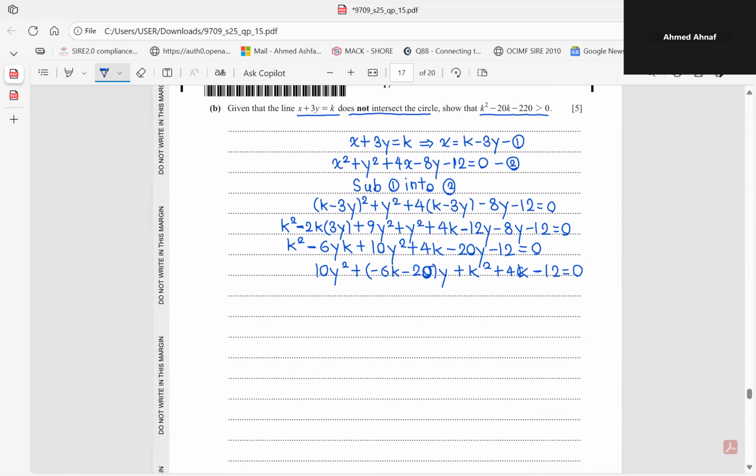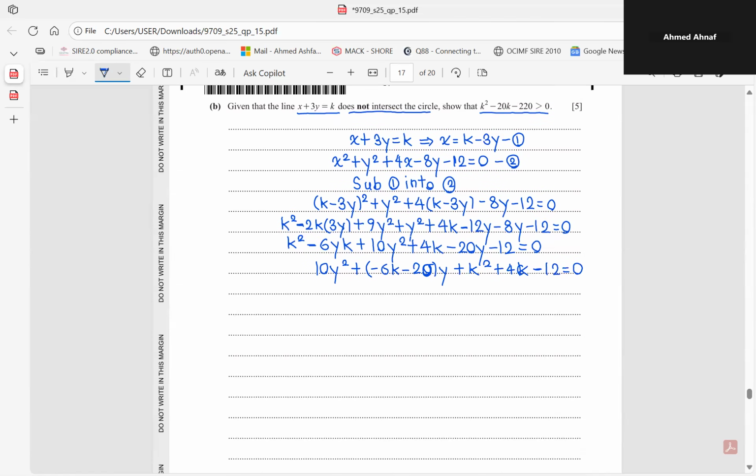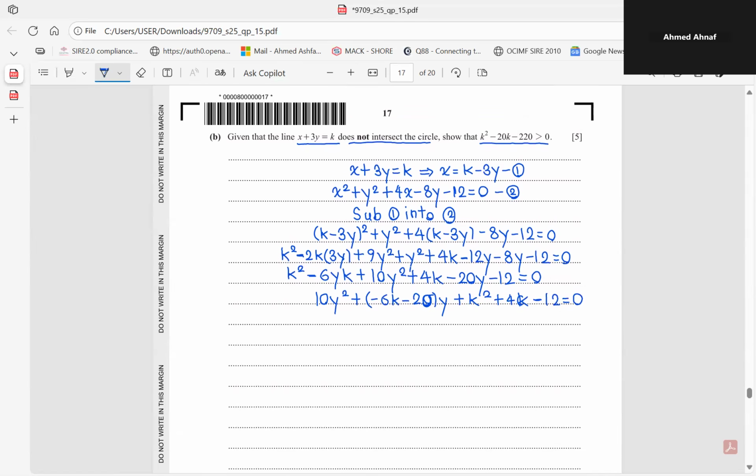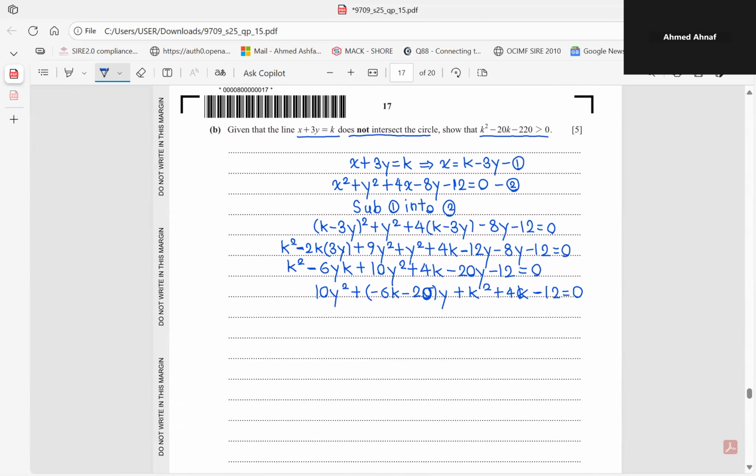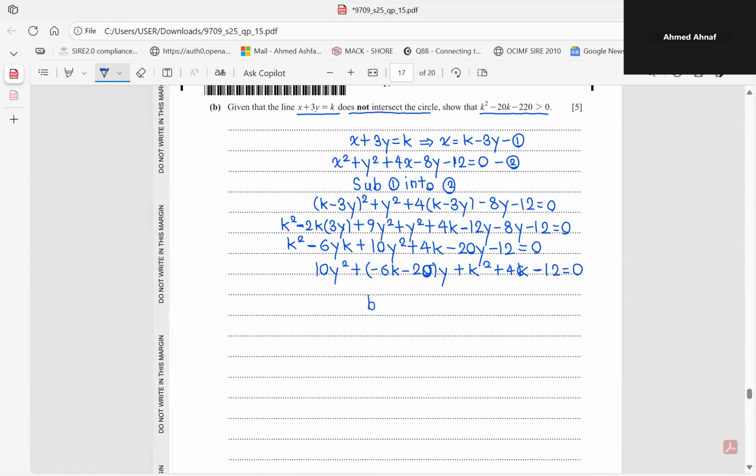Okay. Now, if this line doesn't intersect the circle, then there won't be any solutions for this equation. So we're going to use the discriminant in here, and we're going to set this less than 0.